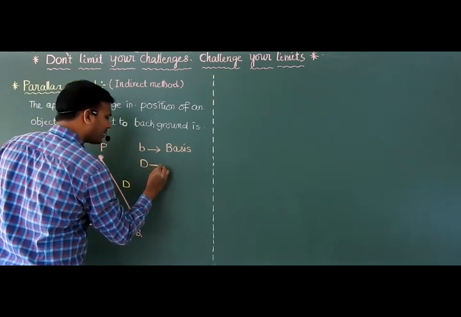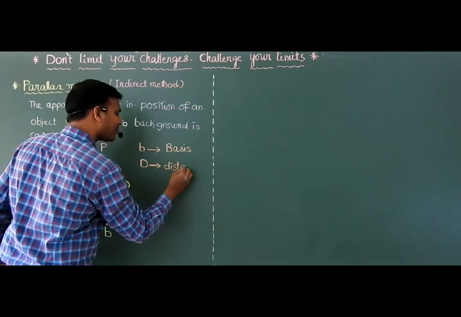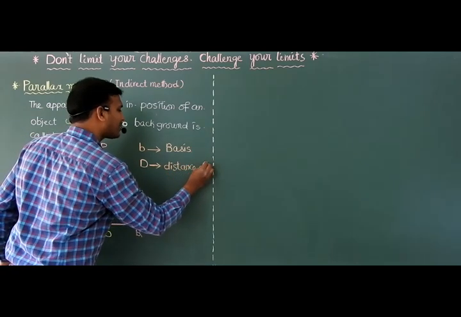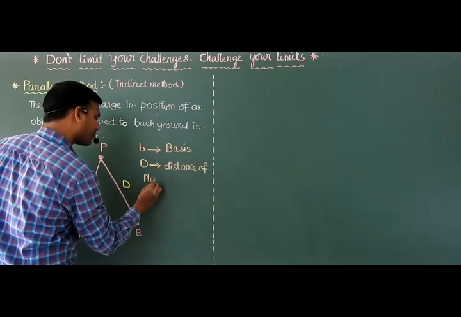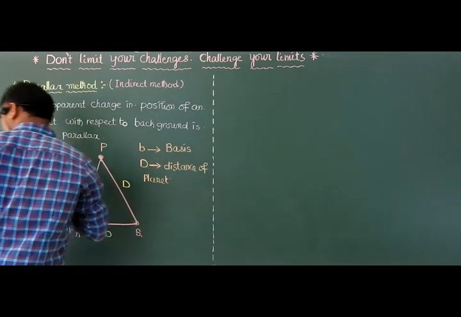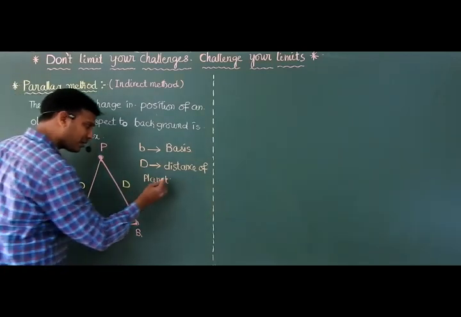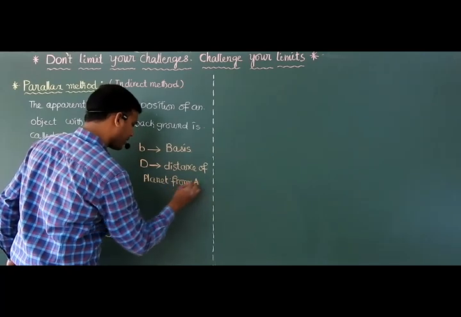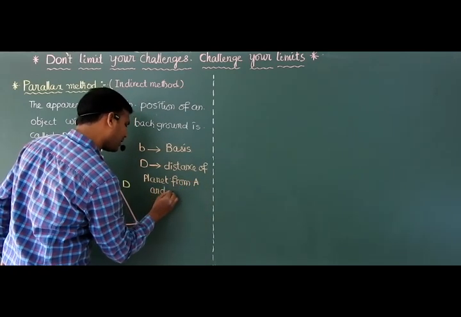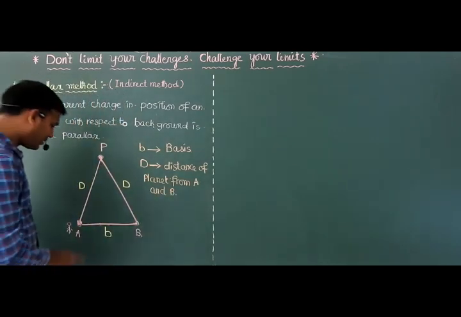D is the distance of the planet. Distance of the planet from where? From A and B. Clear?